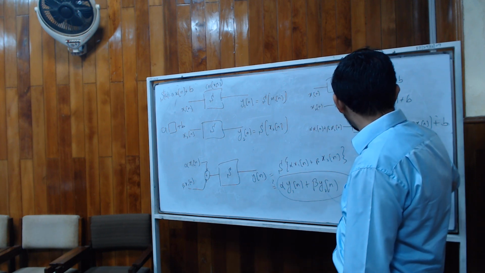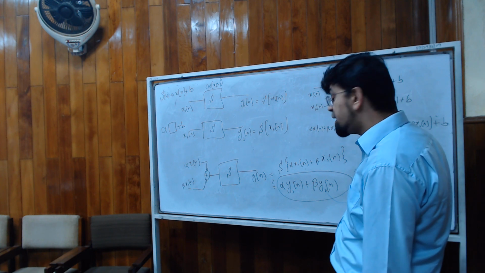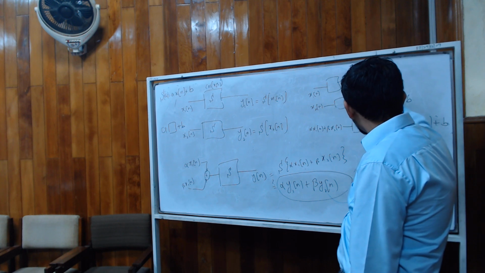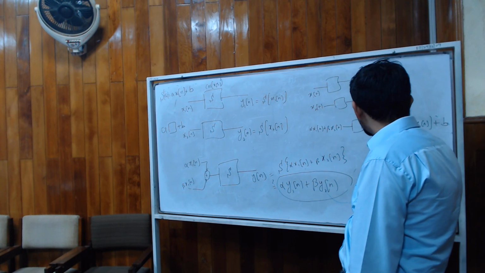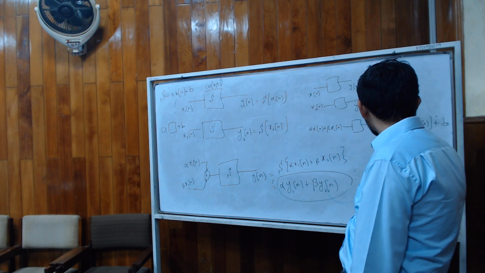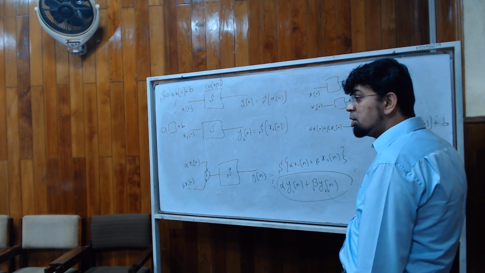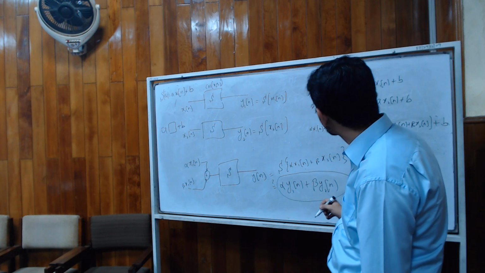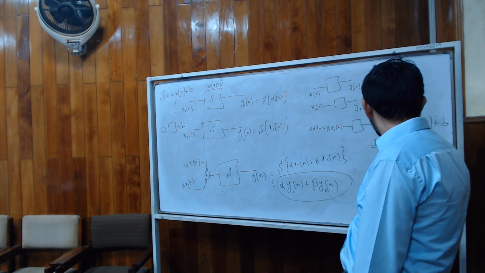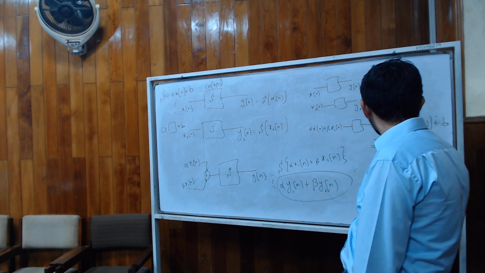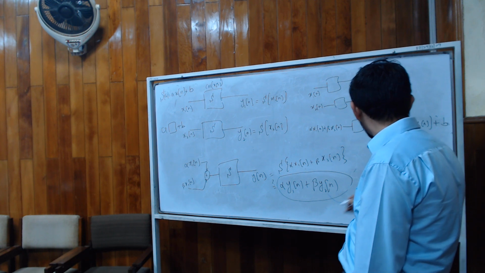Now Talha, up to here it was simple, the actual test starts now. Can you rewrite this as alpha times this, which is what? Alpha times a x1n plus b, plus b. Does alpha multiply with everything? Yes, with both terms: alpha b plus beta a x1n plus beta b. Yes?